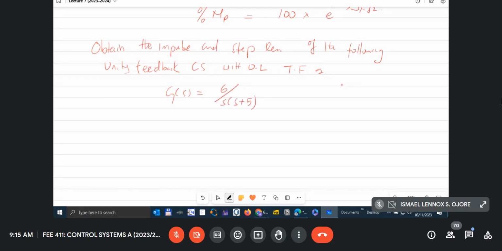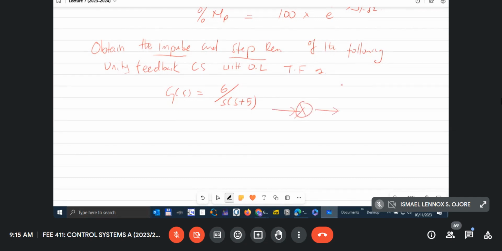So you are told to get the step response and the impulse response for this system. This is an open loop transfer function in a unity feedback, so it means we have something like this.